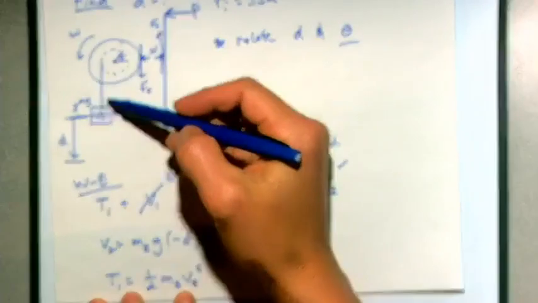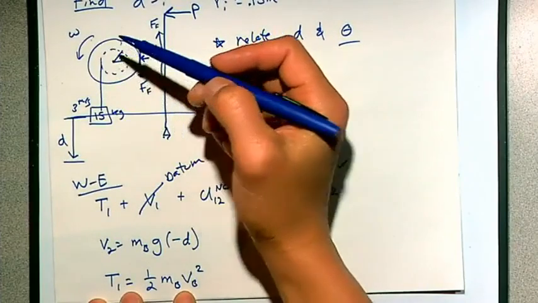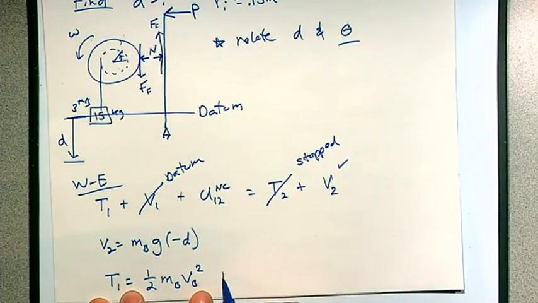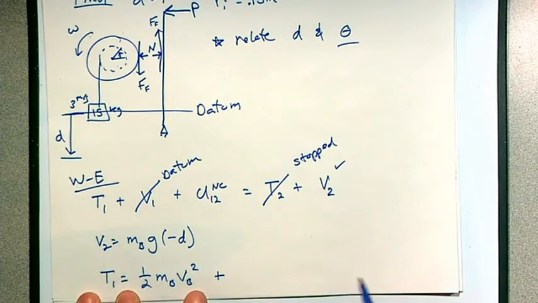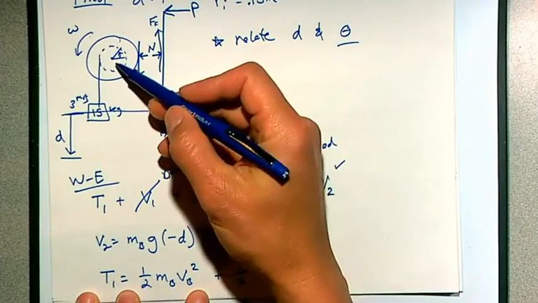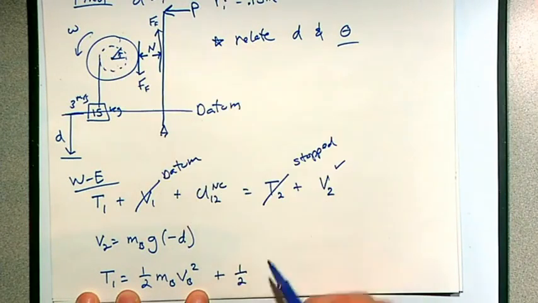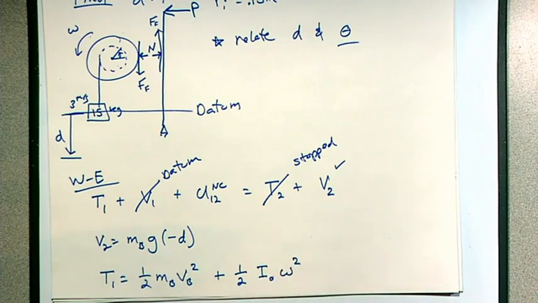But in order for this guy to go up and down, that drum needs to rotate. Plus the energy from the drum. Well, that drum, half, it's pinned, so we can use I_O, pinned about O, times omega squared.